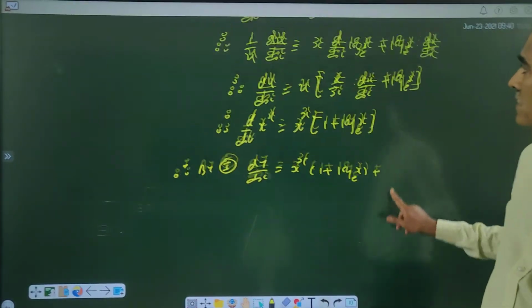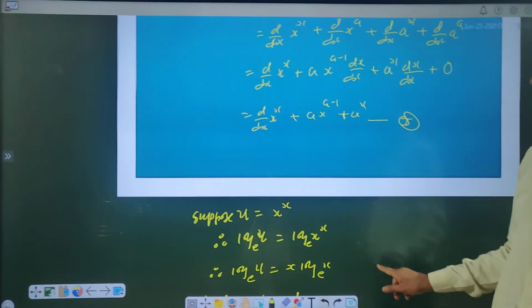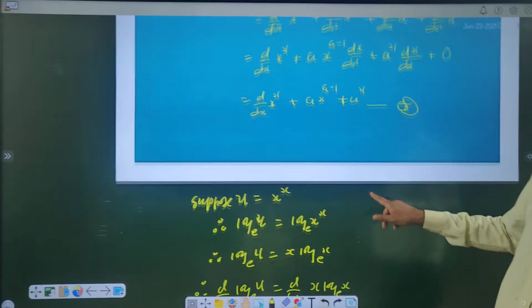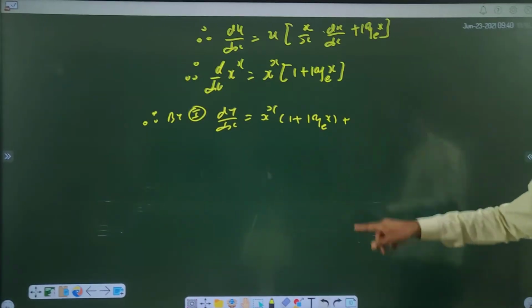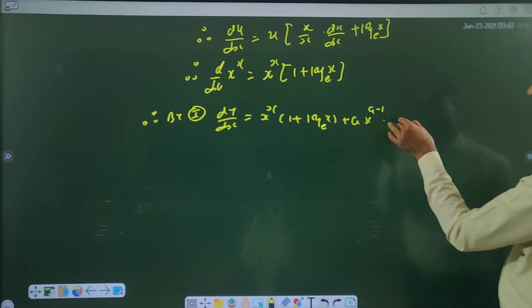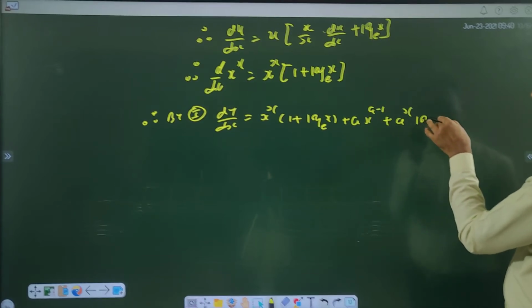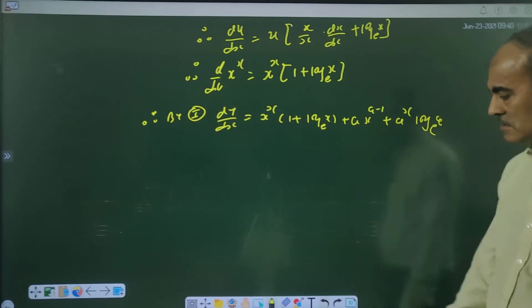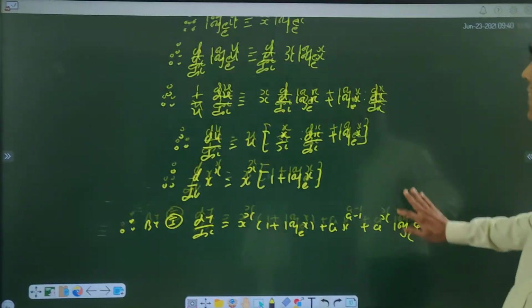Let me see. a x raised to a minus 1 plus a raised to x into log a base e. There is some mistake, see.